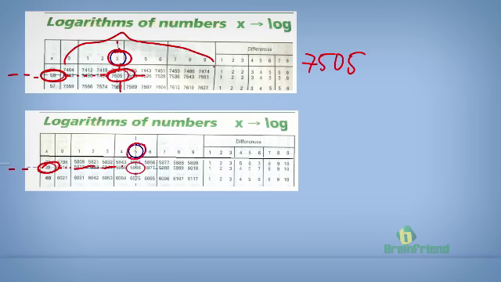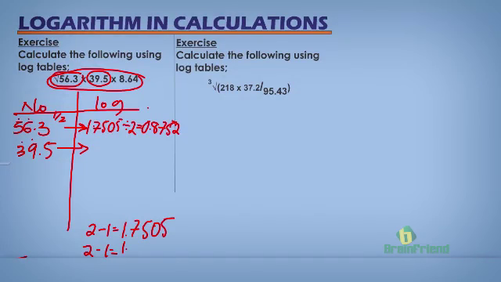It means that the logarithm of 39.5 is 1.5966. Let's put that down in our table. 1.5966. Next, we take care of our third number here, which is 8.64.